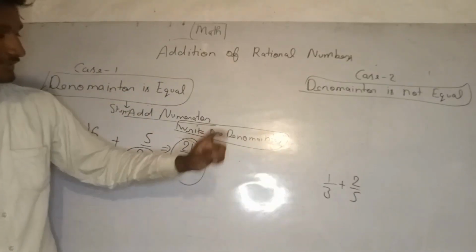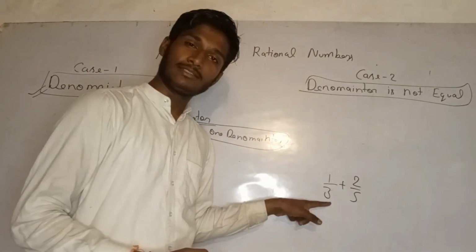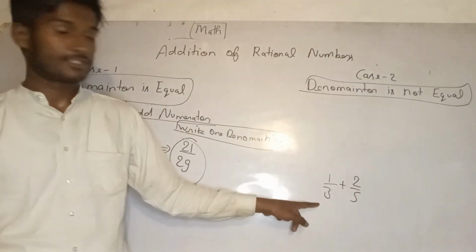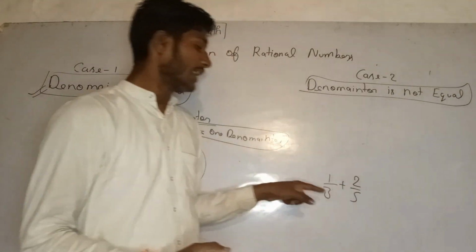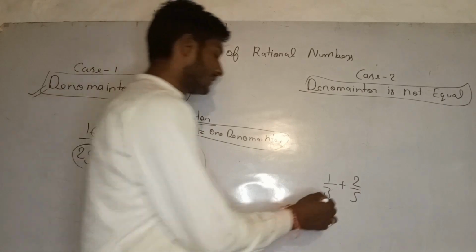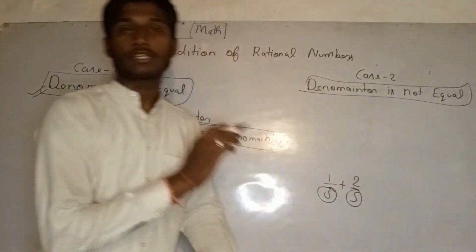We can clearly see that the denominator of this rational number is 3 and the denominator of this one is 5. So the denominators are not equal.